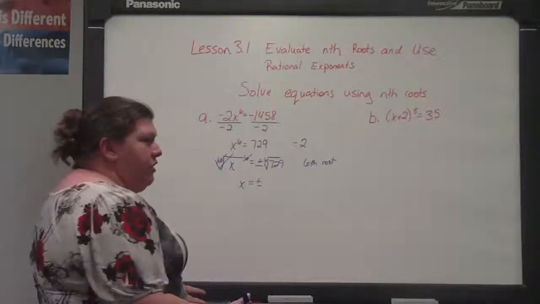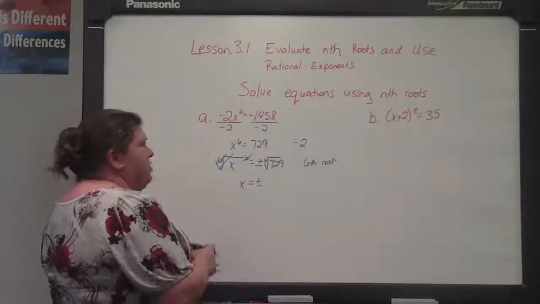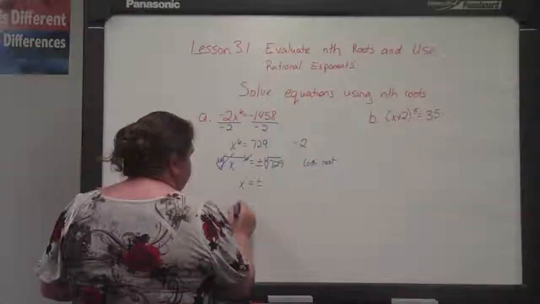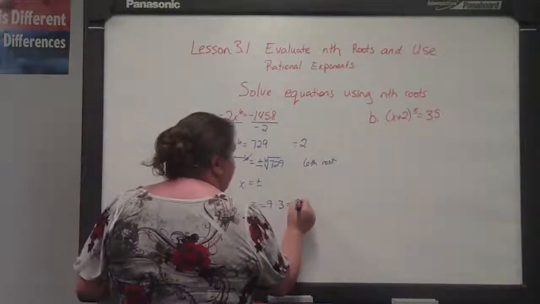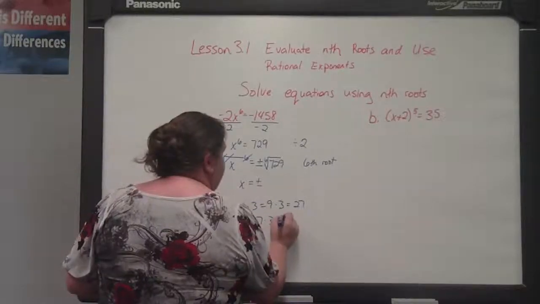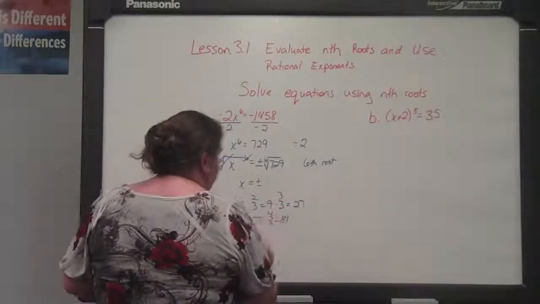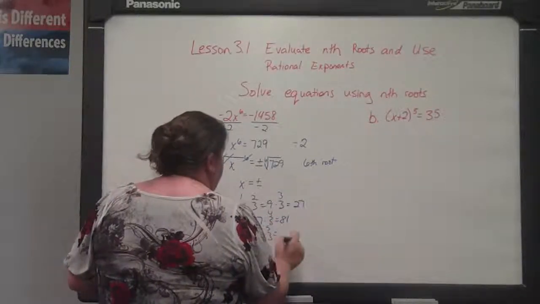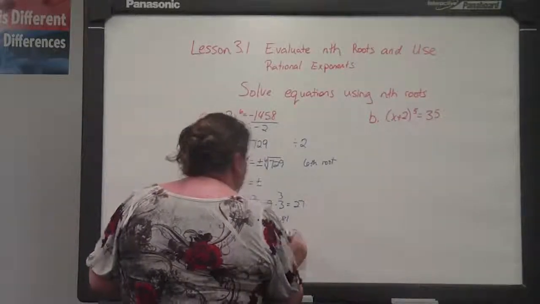If you have your calculator, you can do that quickly. We can say 3 times 3 gives us 9, times 3 gives us 27. 27 times 3 should give us 81. So right now I've got 1, 2, 3, 4. 81 times 3, which would be 5, gives me 243.